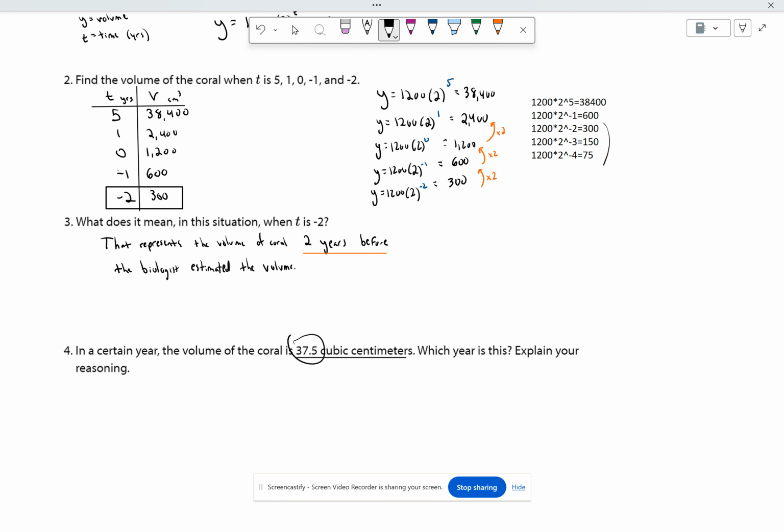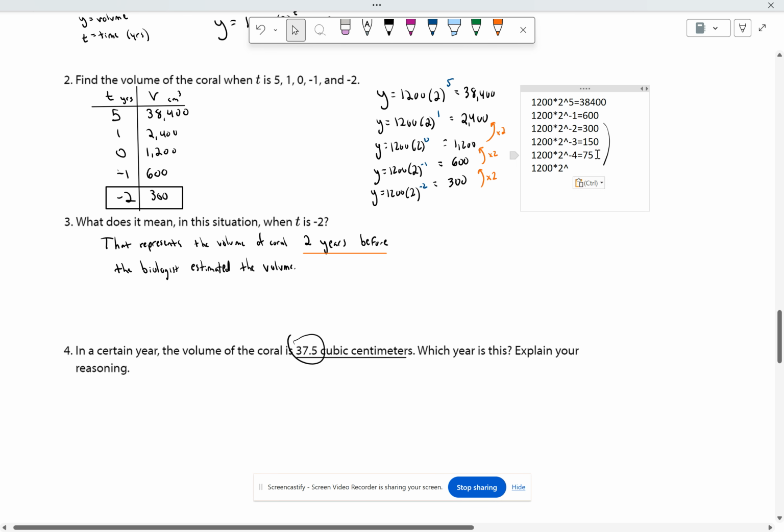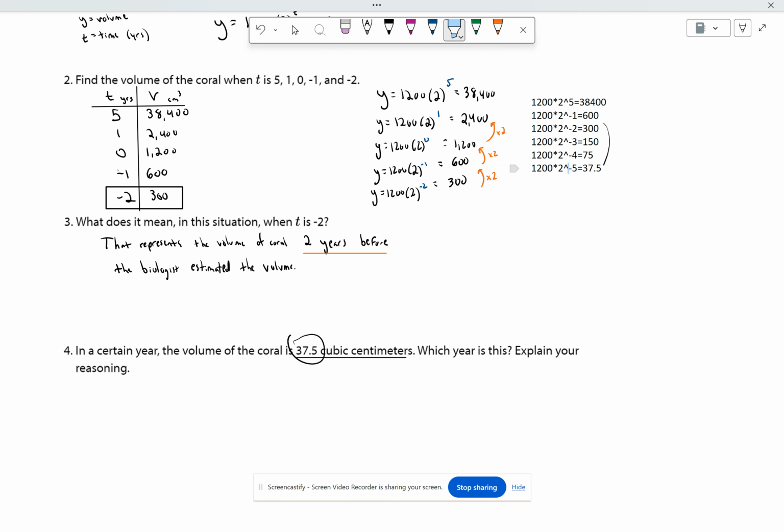So I'm getting closer. If I go to 5 years before, there it is, 37.5. So at negative 5 years, so 5 years before the biologist measured the coral, the volume of the coral was 37.5 cubic centimeters.